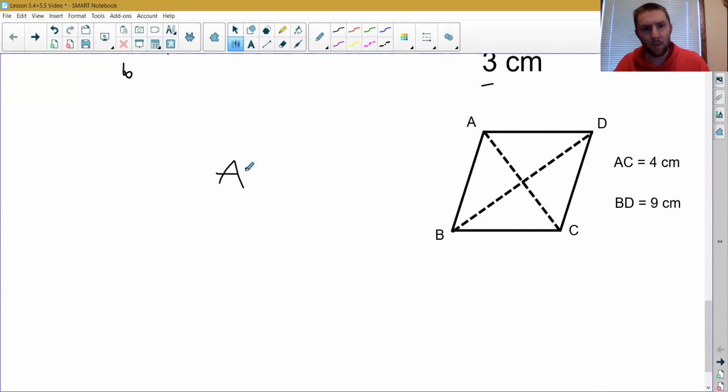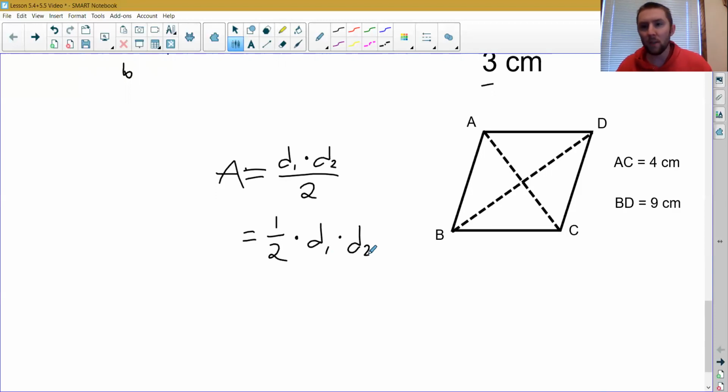The formula is simply diagonal 1 times diagonal 2 divided by 2. Which is also known as, you could do it this way, 1/2 multiplied by diagonal 1 times diagonal 2.